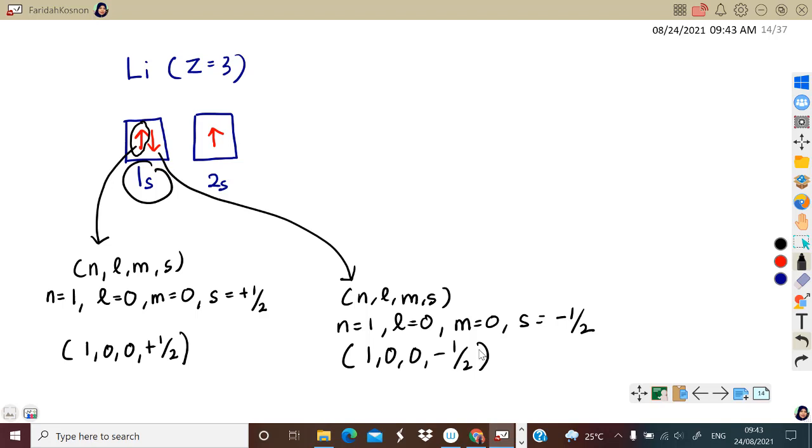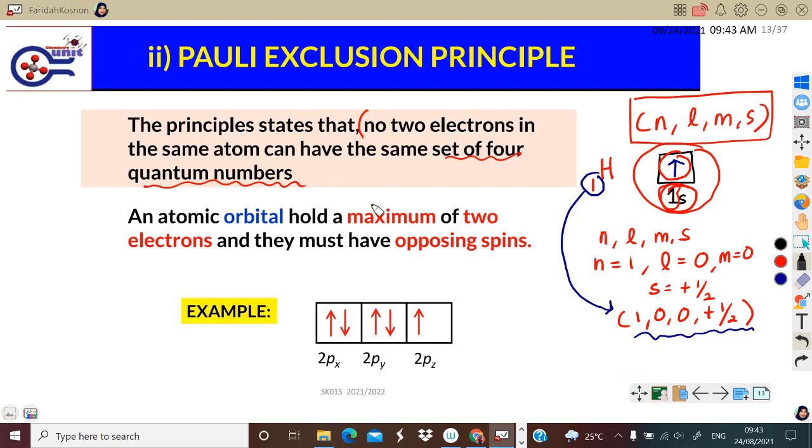Alright. Okay. So now, what do you see for 2 electrons in the 1s orbital? Going back to the Pauli exclusion principle: no 2 electrons in the same atom can have the same set of 4 quantum numbers.